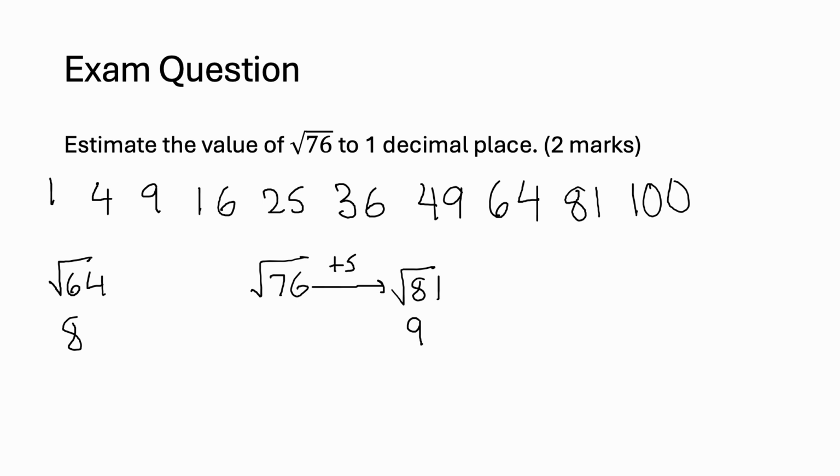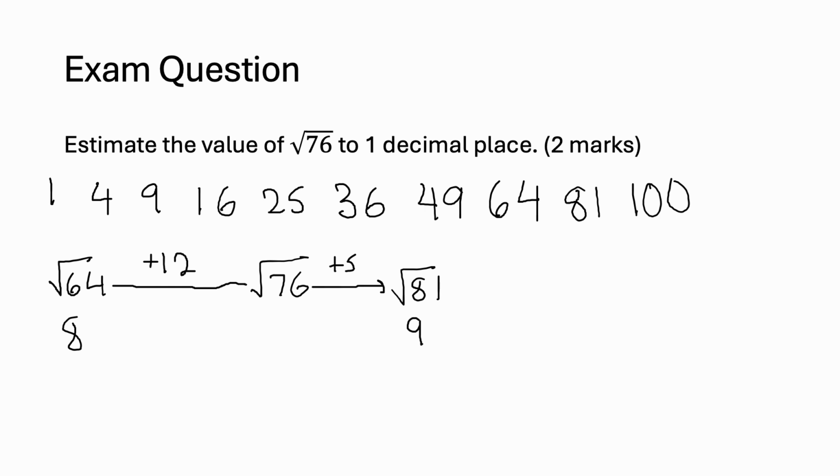And then to get from 64 to 76, we have to add 12. Well, it looks like this root 76 is closer to the 9 side than to the 8. So that means our estimate is going to be closer to the 9 than the 8.